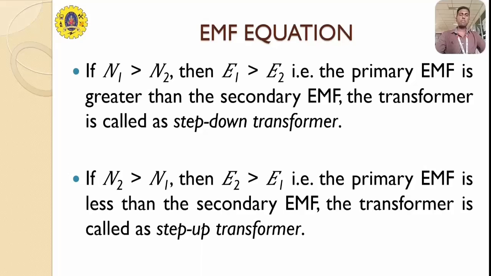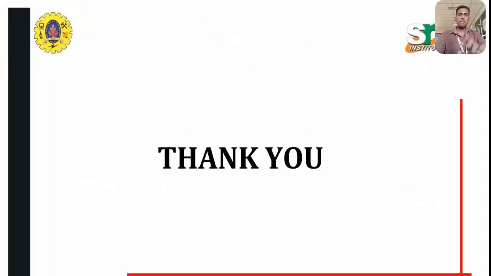The secondary output will be higher than the primary voltage. This is called a step up transformer, which converts a low voltage into a high voltage, right? So these are the two basic conditions for a transformer: step up and step down. In the next slide we will see the different types of transformers and their applications.